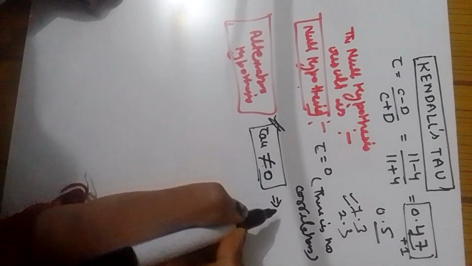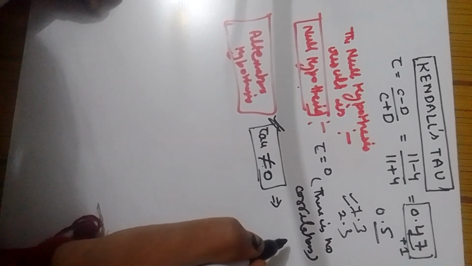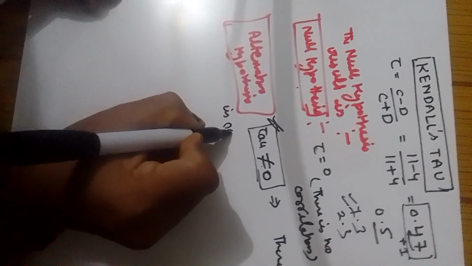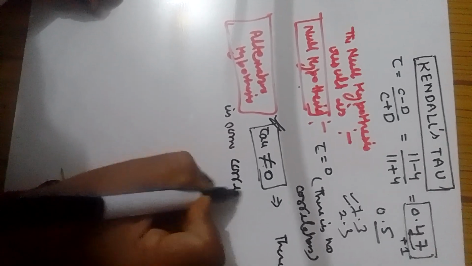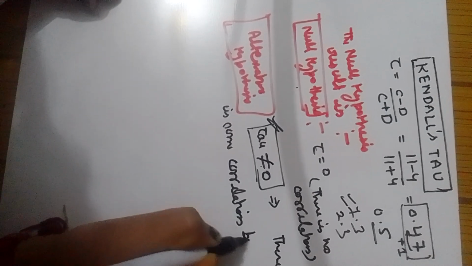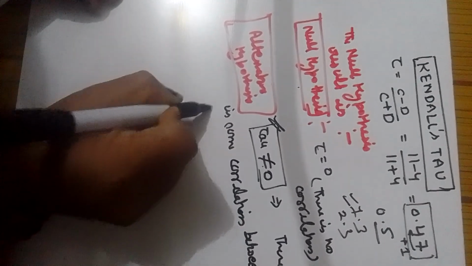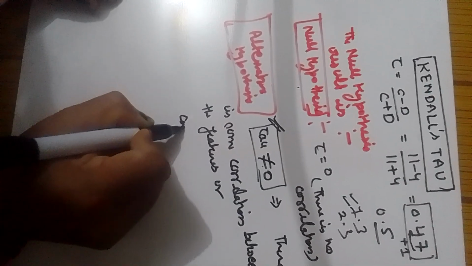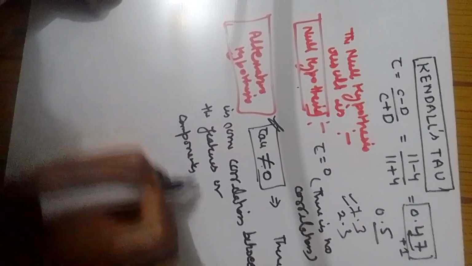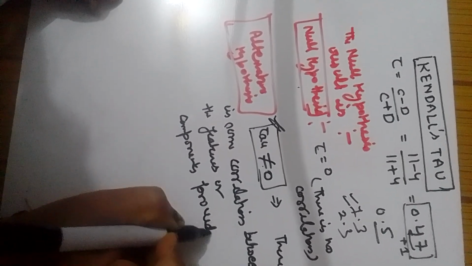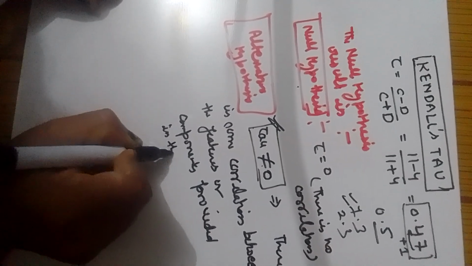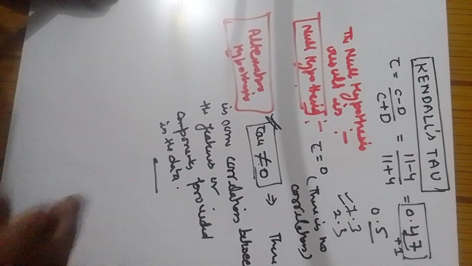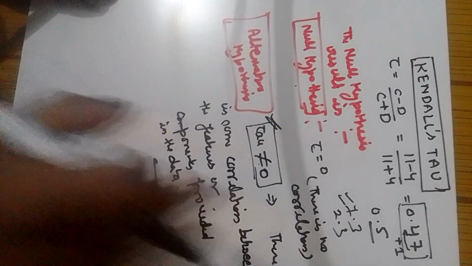If tau is not 0, it means that there is some correlation between the features or components provided in the data. Fine. So this is the main crux of Kendall's tau.